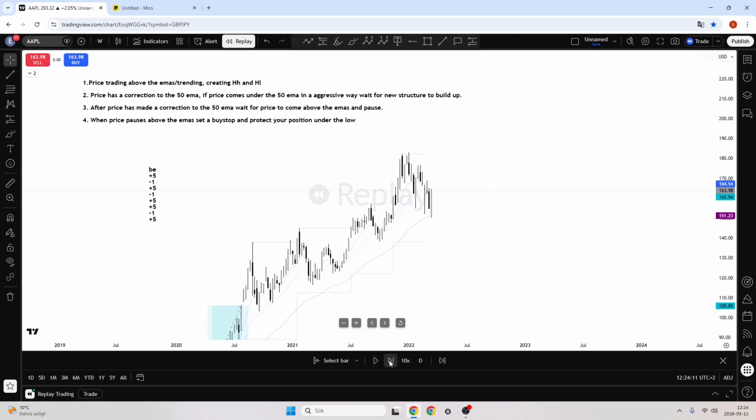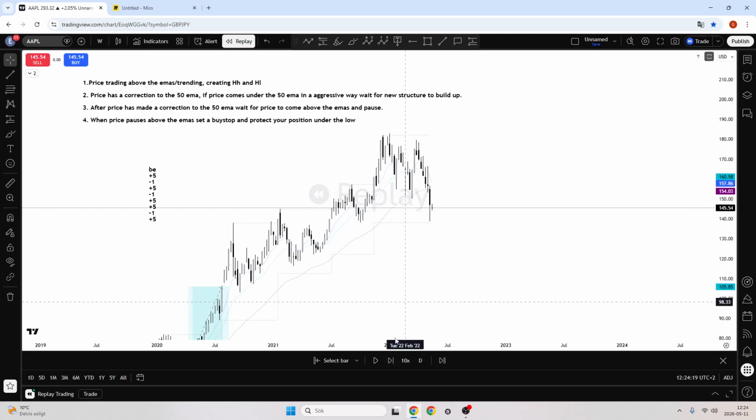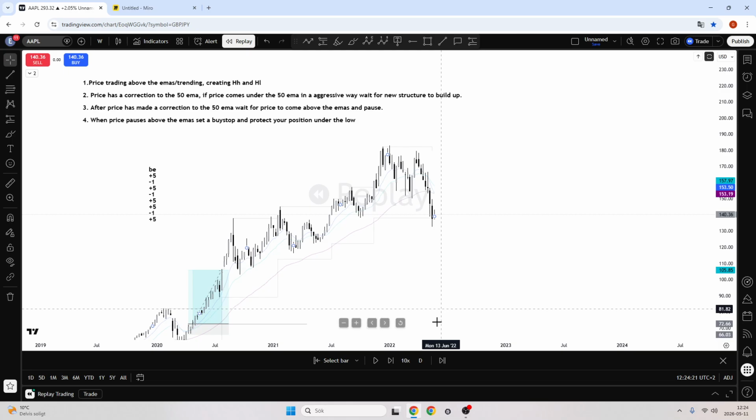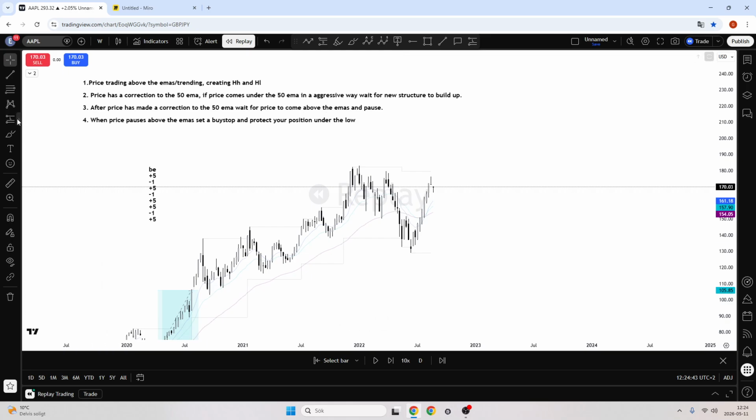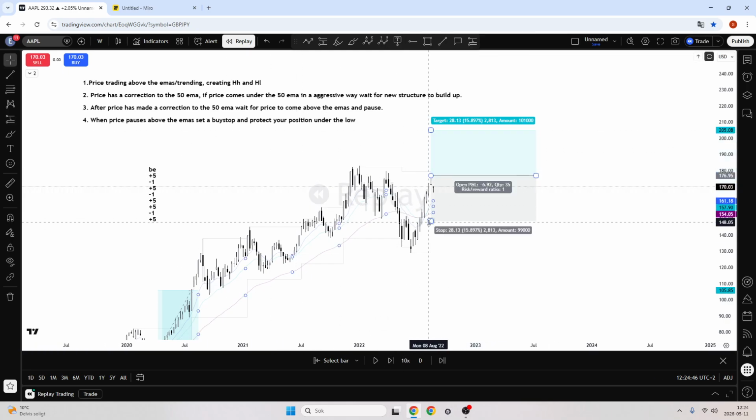Flushes down to the 50 MA. Let's wait for a pause. Comes below the 50 MA right here, but we kind of get support below the 50 MA and it aggressively starts to buy up. So what I will do right here is throw a buy stop at this point.